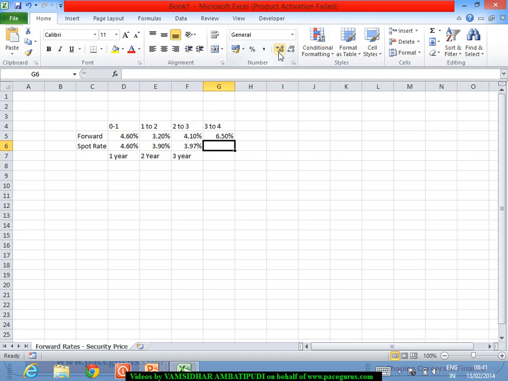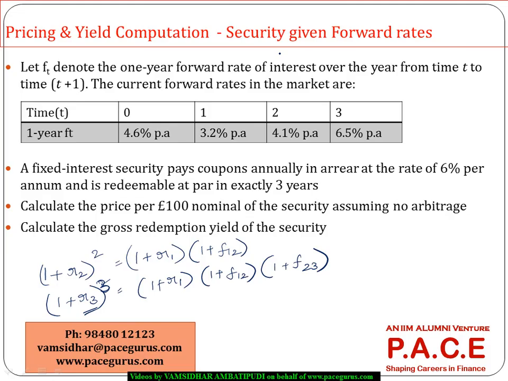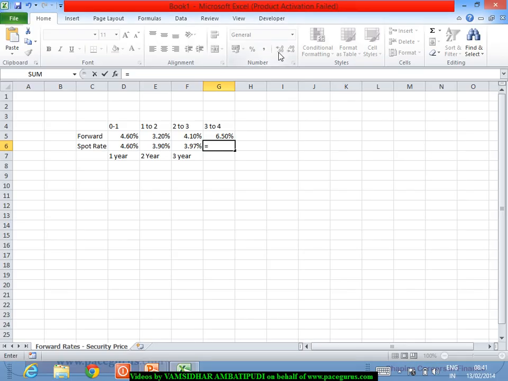Obviously, I don't need the 4-year spot rate in this example because my security is only for 3 years. But in case I want the 4-year spot rate also, I multiply this, and then 1 plus 4.1, and then also multiply with 1 plus 6.5.